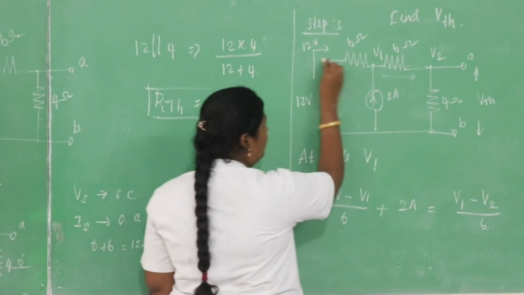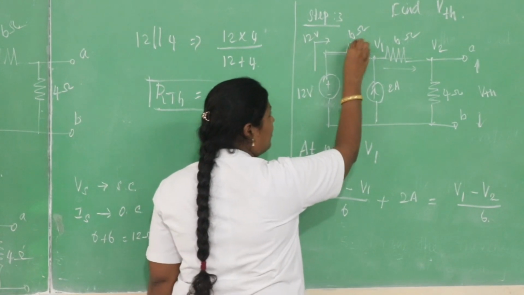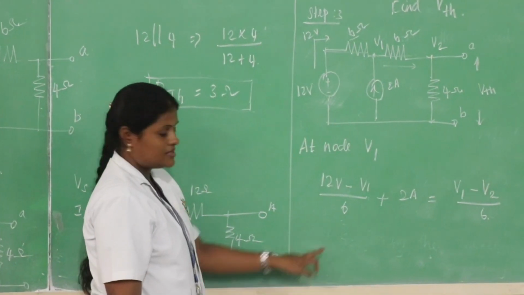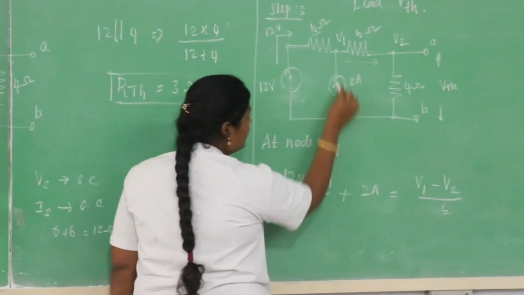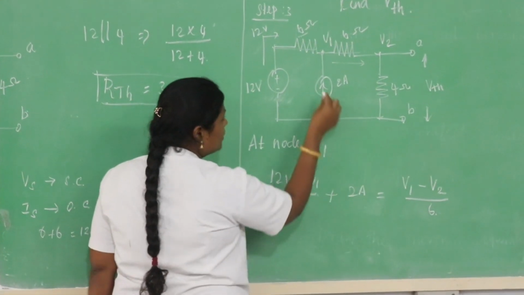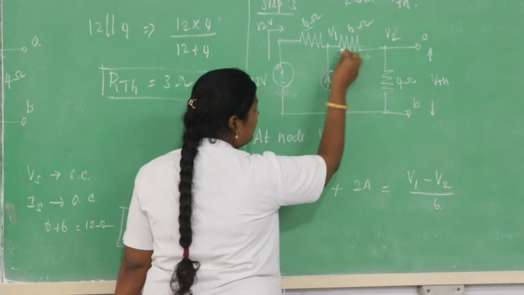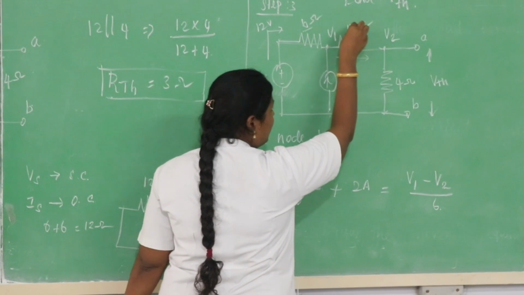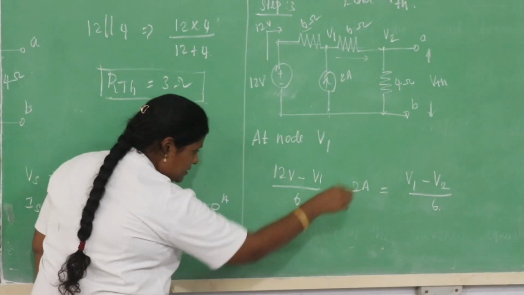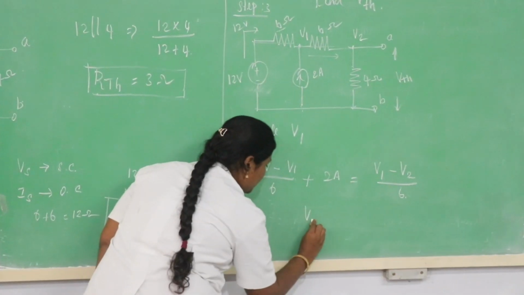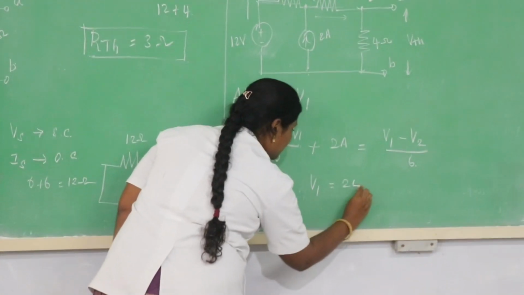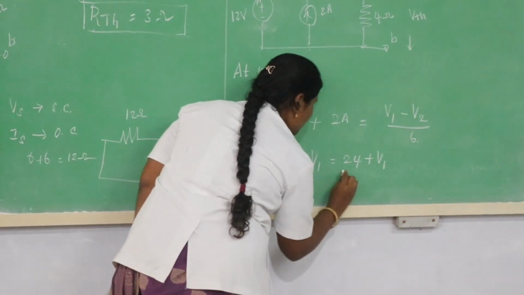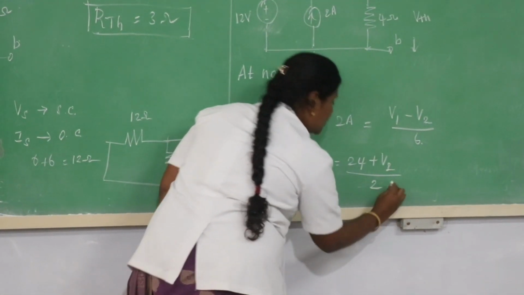So, 12 volt minus V1 divided by resistance 6. Next, 2 is the incoming current. So, 2 amps is equal to the outgoing current, V1 minus V2 divided by 6. While solving this equation, V1 is equal to 24 plus V2 divided by 2.